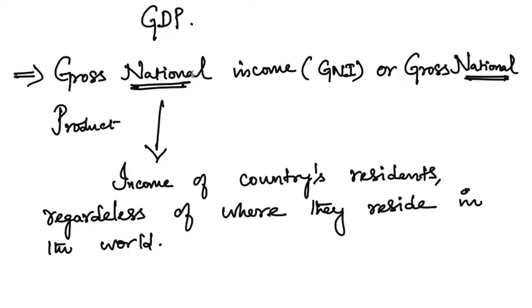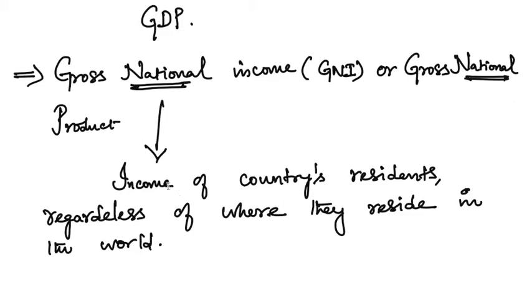They can be living in the USA, in Middle Eastern countries, or in Singapore, but all the income earned by these residents living in different parts of the world, we add to the country's GDP. Likewise, many foreign nationals are living in India, and they are sending their income or part of their income to their own countries.